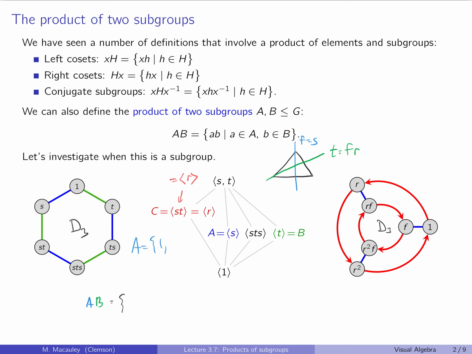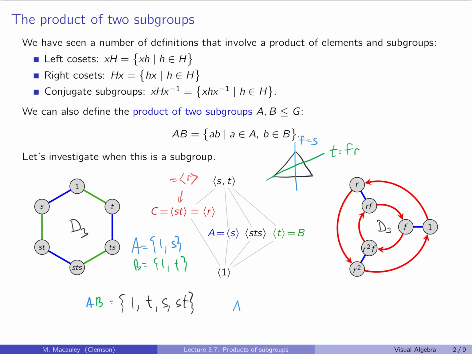A is 1 and S, and B is 1 and T. So if we take all products of things in A with things in B, we get 1 times 1, 1 times T, S times 1, and S times T. So that's 1, T, S, and ST. And that is certainly not a subgroup because it has order 4.